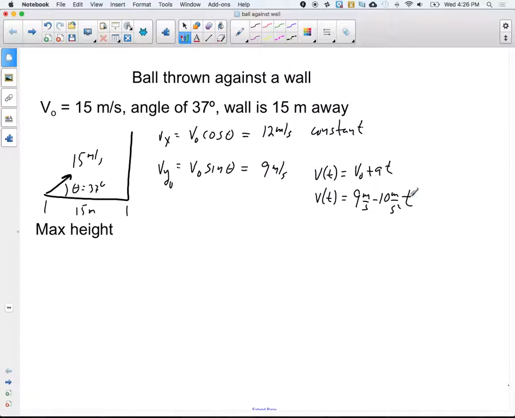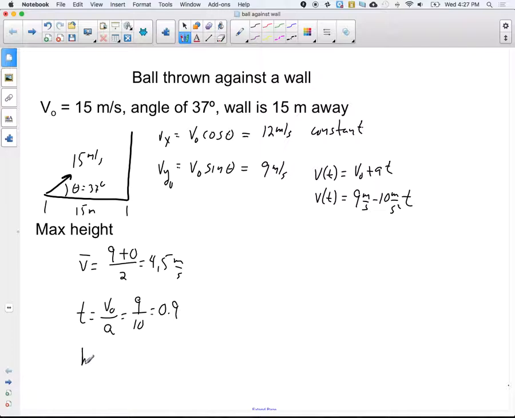Remember, we can solve this problem kind of three ways. One is to say that the average velocity on the way up is going to be 9 at the bottom, 0 at the top, divided by 2. That gives me 4.5 meters per second. The time to get to the top is just the initial velocity divided by the acceleration, so 9 divided by 10 is 0.9.